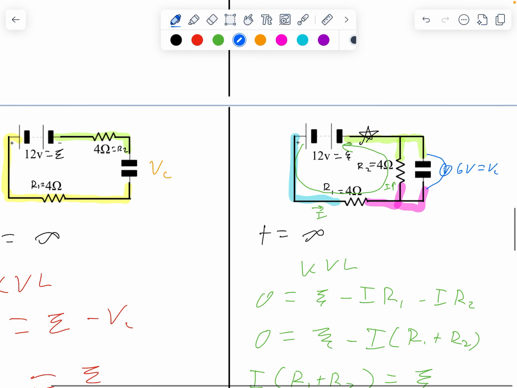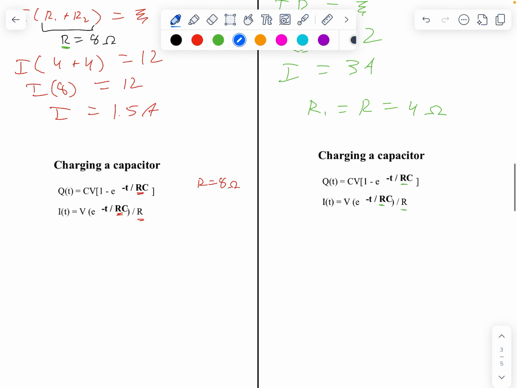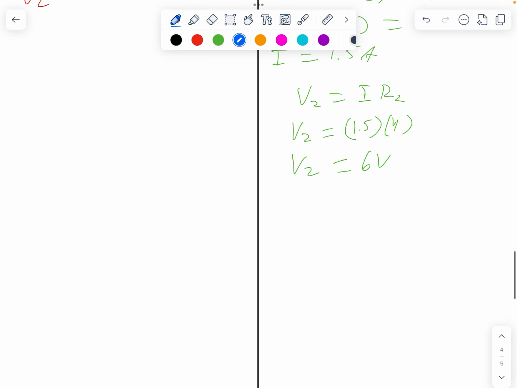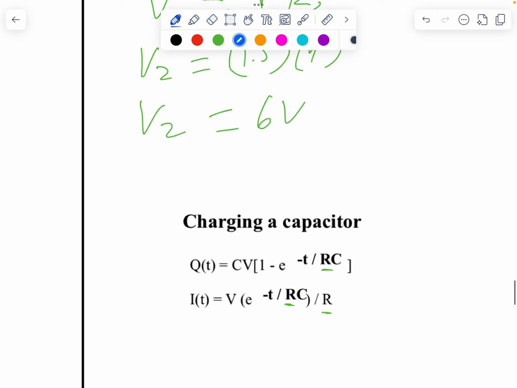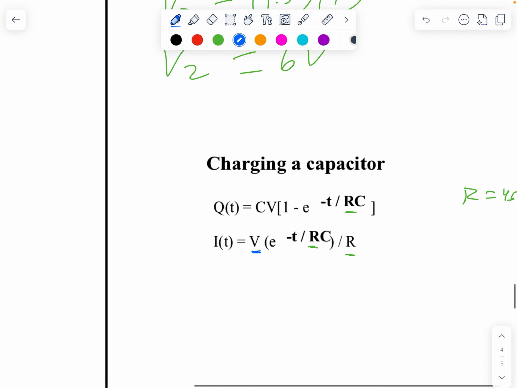So when I apply, where did I lose my equations? For this guy, that resistor value from before, that's the 4 ohms from up above. So just bring that down so I don't forget. The voltage value over here, that's the voltage across that parallel branch.